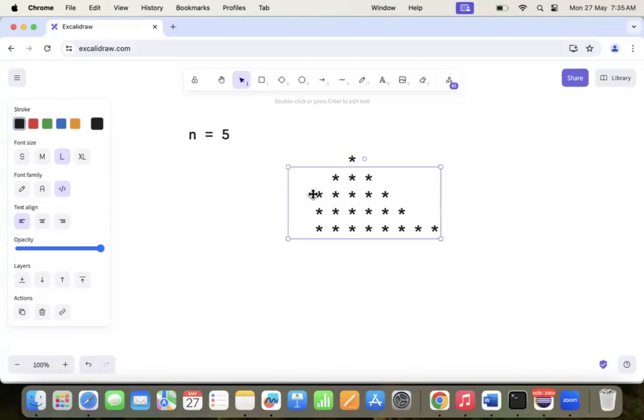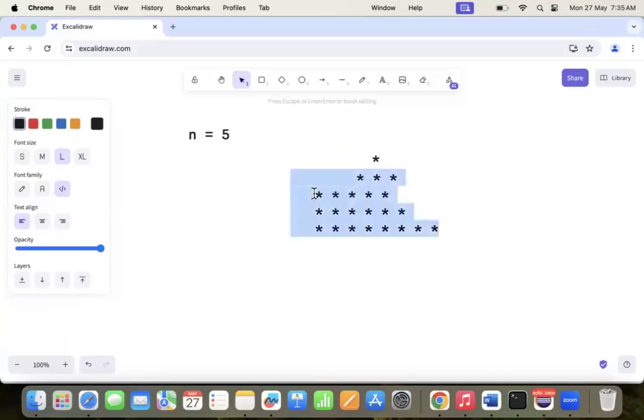Because if you are not getting the pattern properly, then you won't understand how many spaces are required and all.